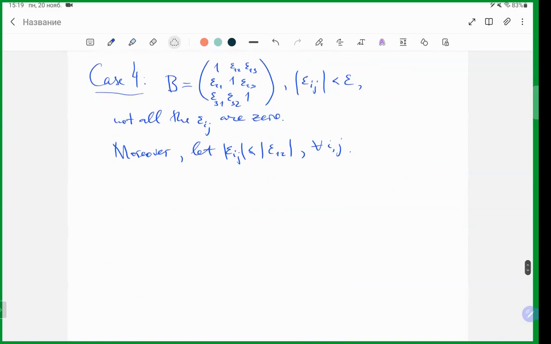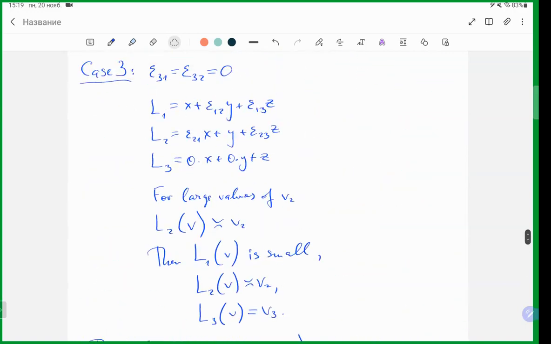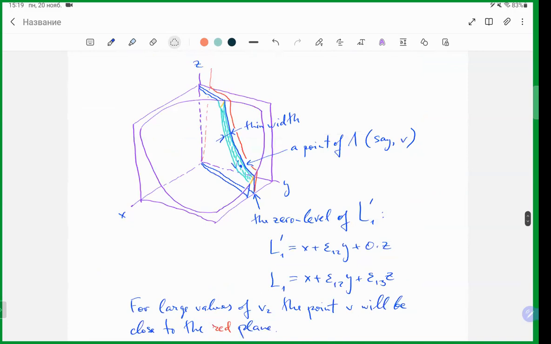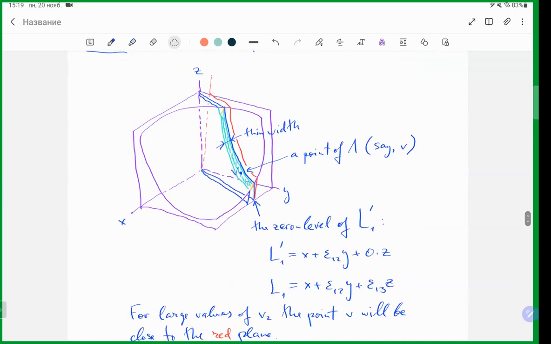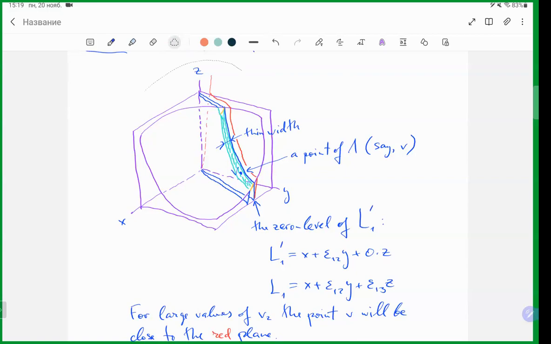Now, let us once again draw a picture. And I will probably copy this one and show what happens if the third form is non-trivial. So the 0, okay, let it be the 0.